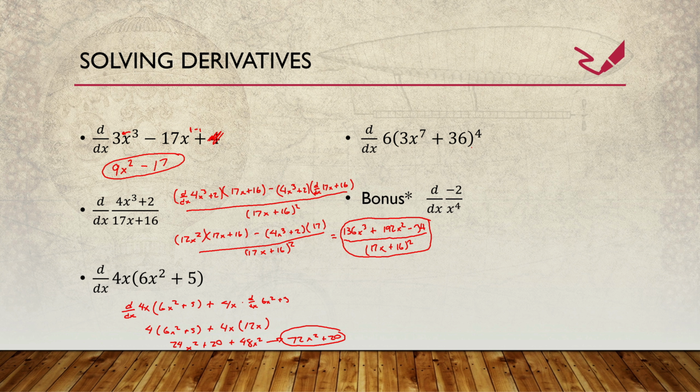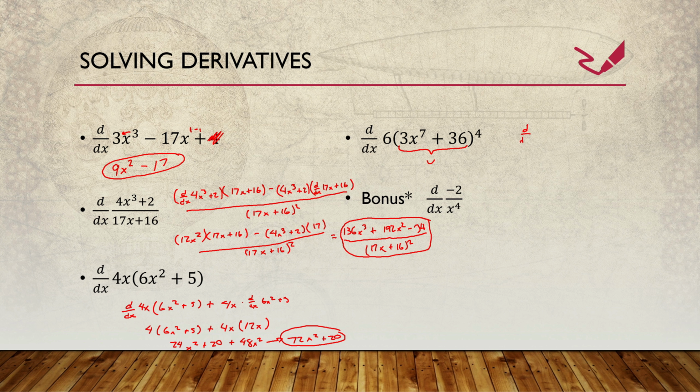The fourth one, we will have to use the chain rule, and we will utilize u substitution. Since the inner function is 3x to the power 7 plus 36, we're going to replace that with u. And u substitution is going to be a big part in calculus. So let's do u substitution here.